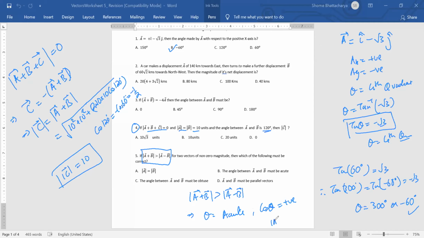Then your mod of A plus B is greater than root of A square plus B square, while mod of A minus B is less than root of A square plus B square. So overall this is the case. Cos theta is positive means that theta is acute. This is the case.